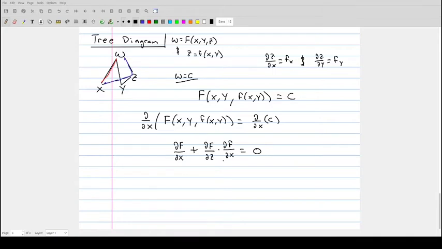So we can solve for what we're looking for, which is df dx. And df dx is then equal to negative partial F partial x over, and let me be very clear here, this should be lowercase f, we're solving for this derivative of lowercase f with respect to x, over the partial derivative of F with respect to z, or in short, it's negative Fx over Fz.